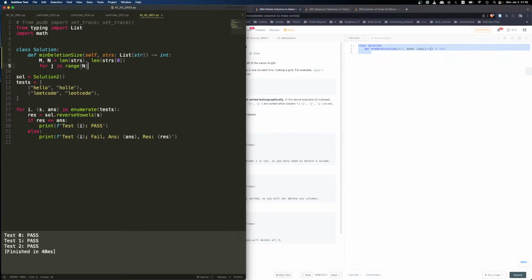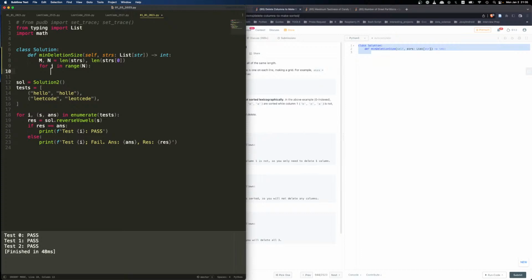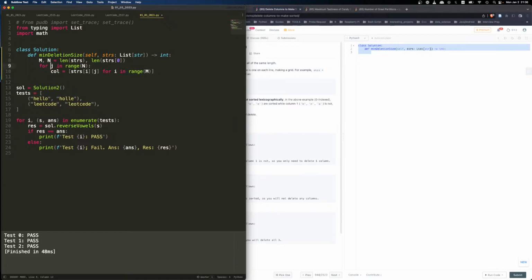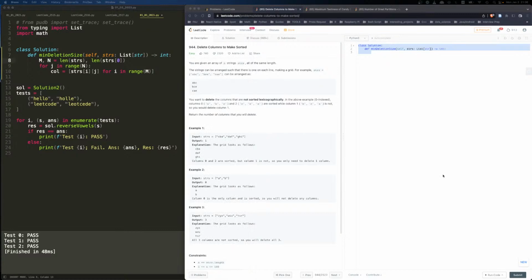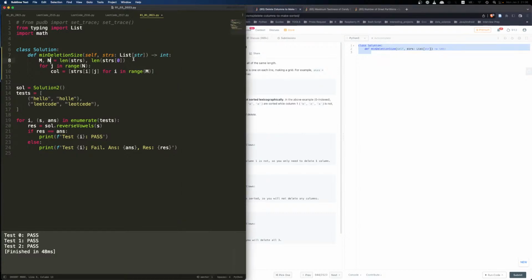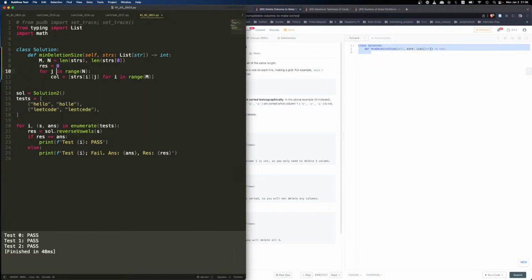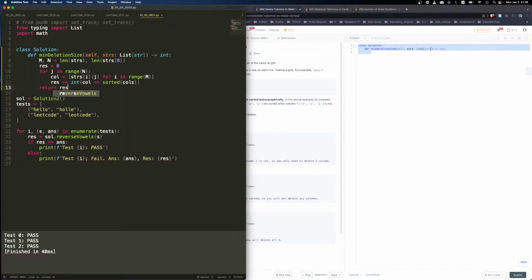So this is going to be range n, and then column will equal, for i in range m, strs[i][j], right? And return what? The number of columns that you need to delete. Okay, so result is going to be 0, and then res plus equal to column not equal to sorted column, and we will return the res. Yeah, that will be it.